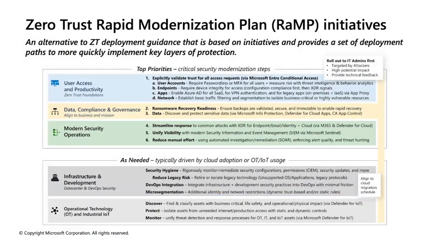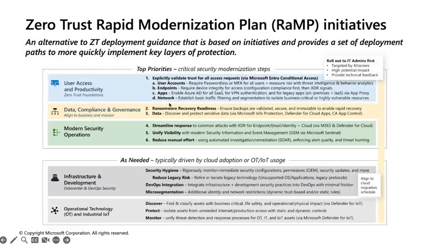In Zero Trust RaMP, we have some top priorities. We should start with user access and productivity, where user accounts should have passwordless or MFA. Endpoints should be integrated with Defender for Endpoint components. Applications should have VPN authentication and application proxy.